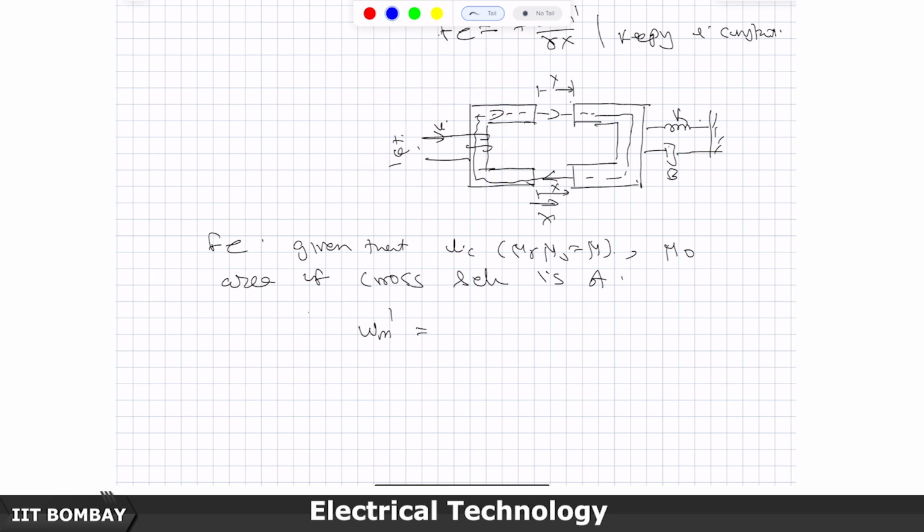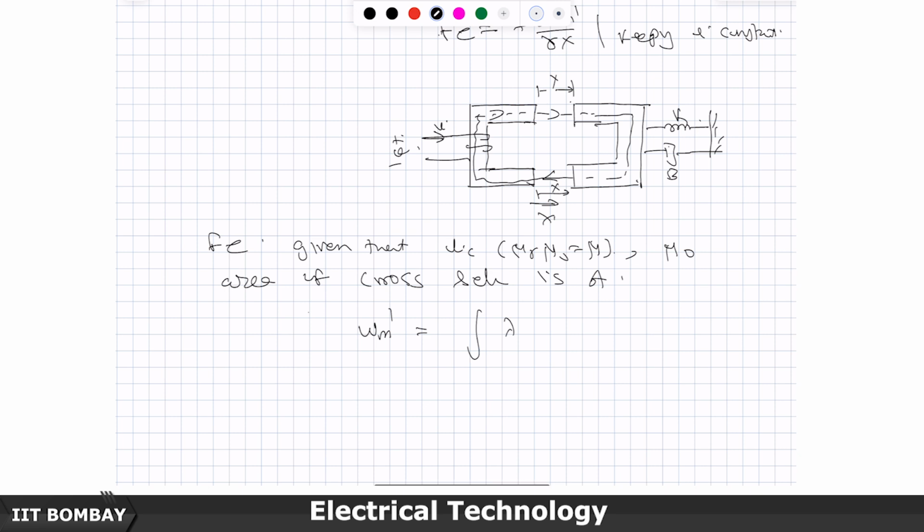Then I energize this to the required current level. If I am calculating magnetic field energy, the state variable is lambda; if I am looking at Wm dash, the state variable is I, and I calculate this.